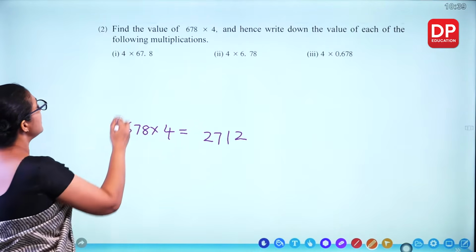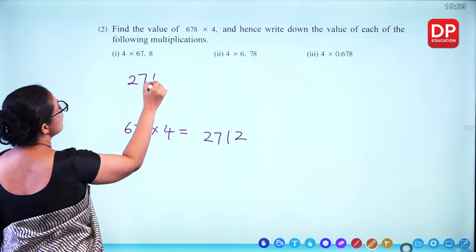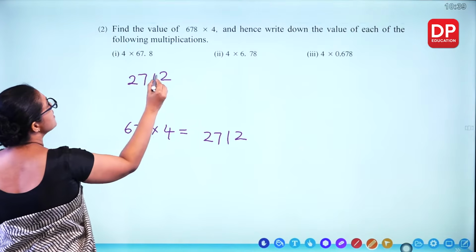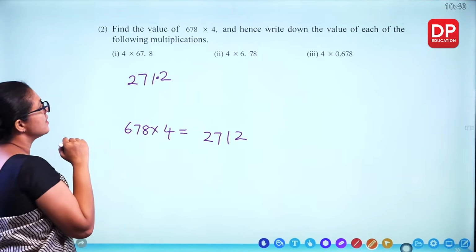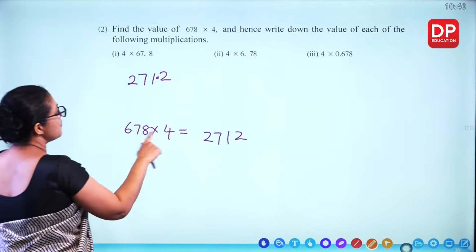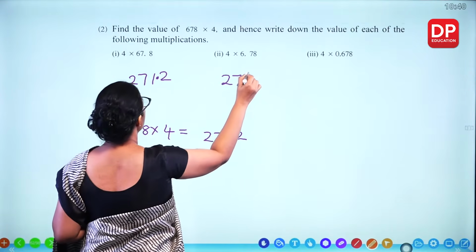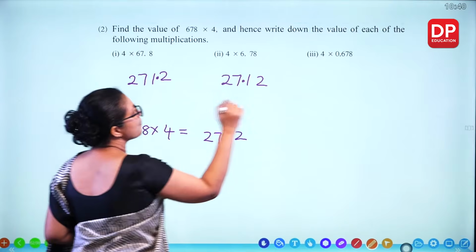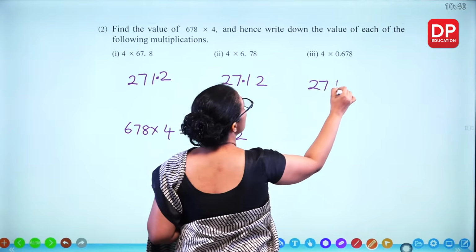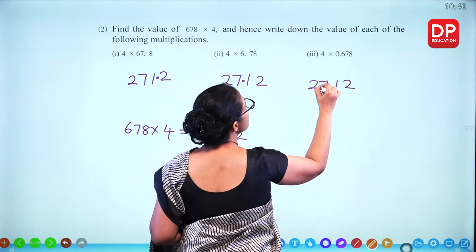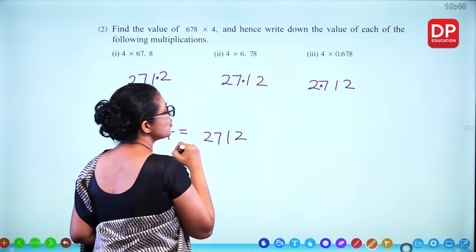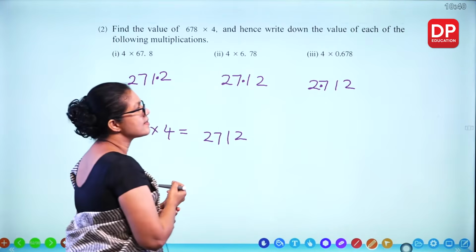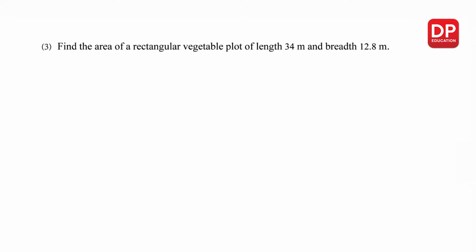Now what's the answer here? 2712. Here 1 decimal place, so you get this answer. Same thing, you get 2712. 2 places you have to keep. This one 2712, 3 places. So 2.712 is the answer.